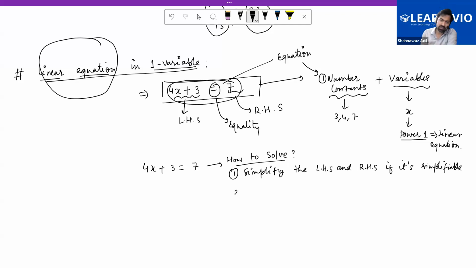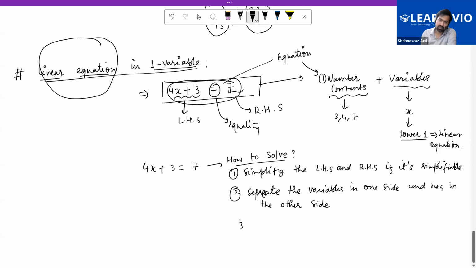And then, as Nabila said, we have to write the variables on one side and numbers on the other side. And then we solve. So these are the processes that we follow in order to solve this linear equation.